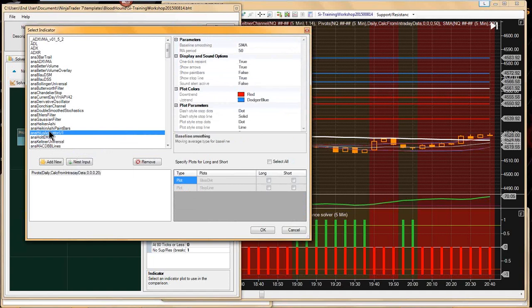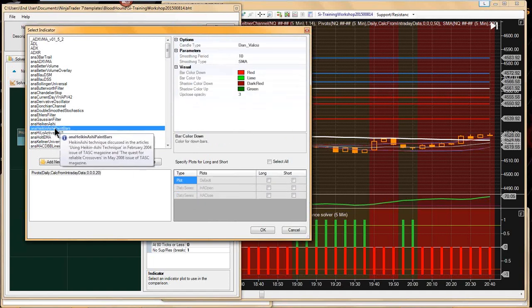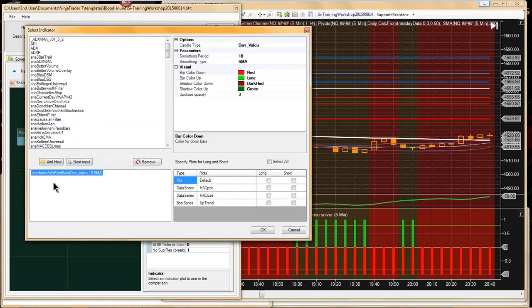Trying to find an example of an indicator that has a data series built into it. Okay, so this Heiken-Ashi, it's not a support resistance indicator, but it does have data series in here.